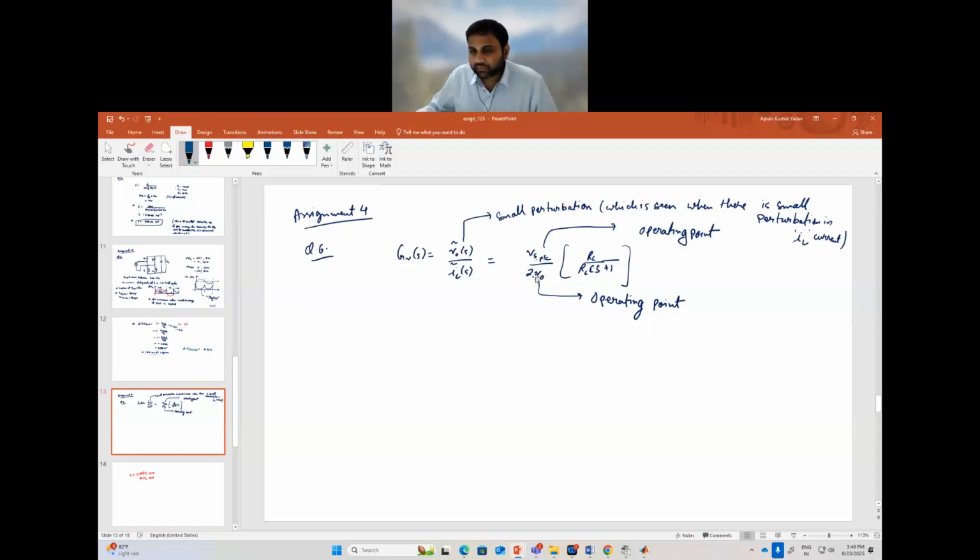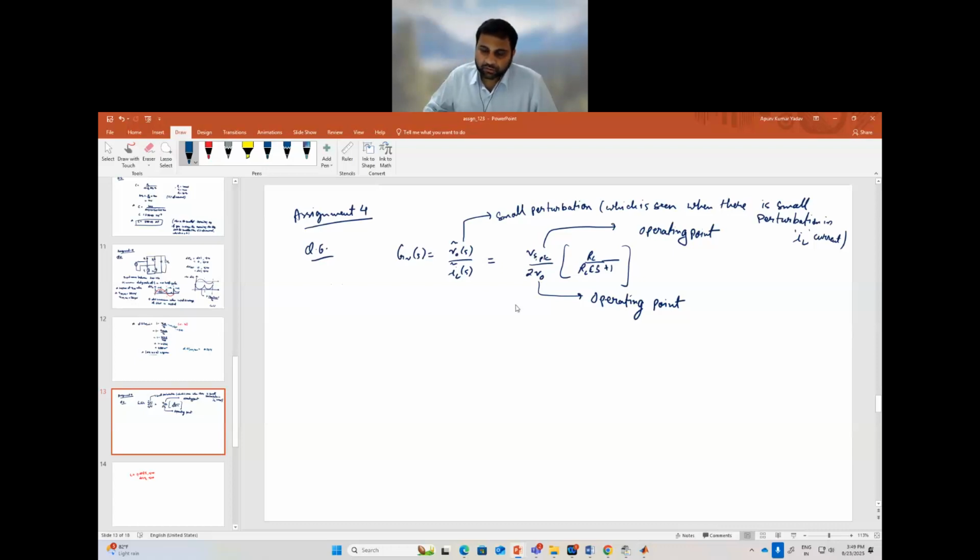So that is the difference between this operating point and the small variation of voltage which is appearing on that. So that is the reason why we will have this V naught term over there, and we have also derived it there. So you can understand how these expressions have been derived.